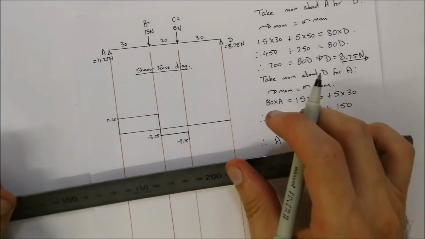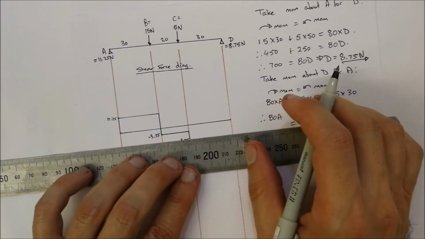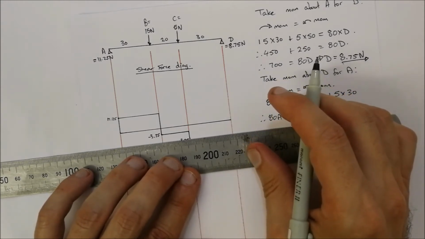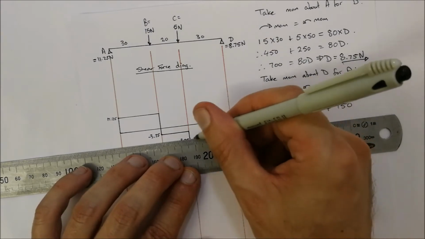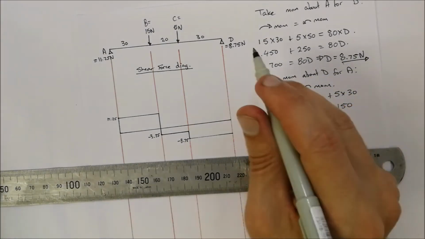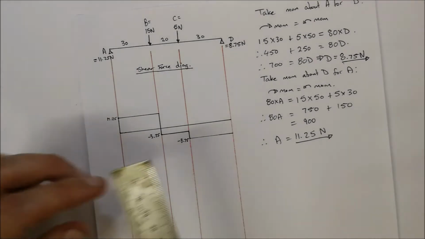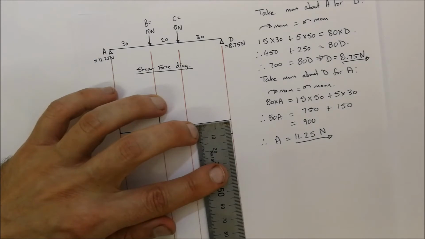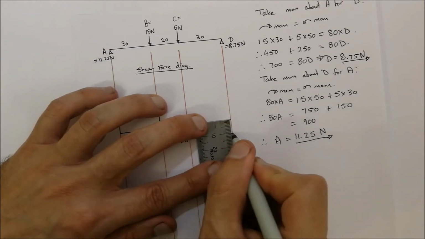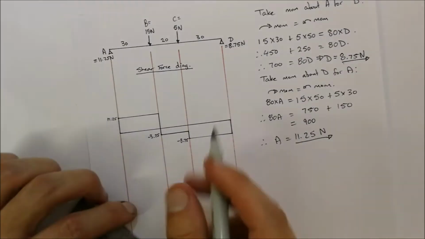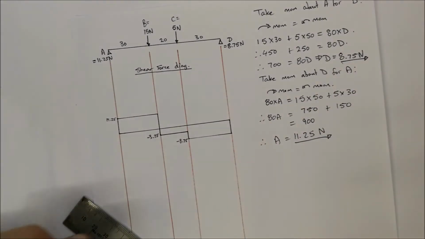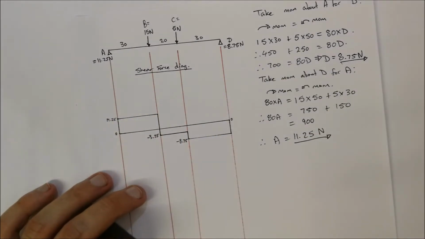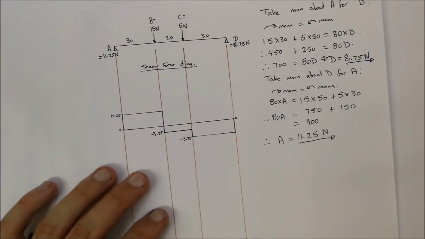In between C and D, there's no forces acting over there, so it's a straight line going across. But at D, it's 8.75 going up. And if we did this correctly, you should have 8.75 going up over there. Okay, unless your lines were not exactly straight. Okay, and that goes back to 0. Got 0 over there. Okay, so that's our shear force diagram.